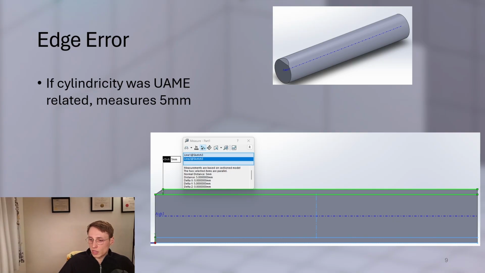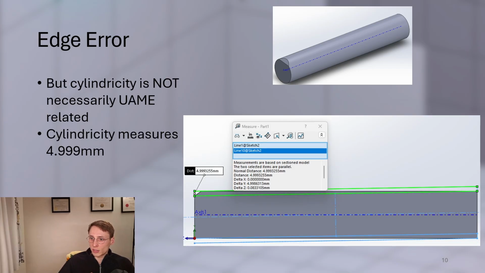5 millimeters. However, because it does not say specifically that the axis that these concentric cylinders are centered on is the unrelated actual mating envelope, maybe there is a more optimal orientation for these cylinders.